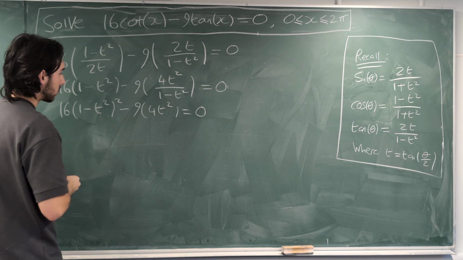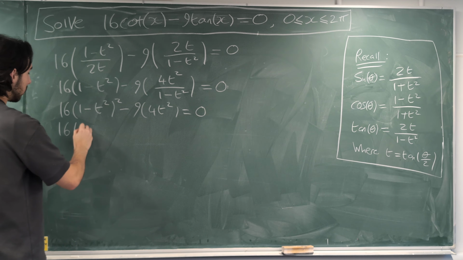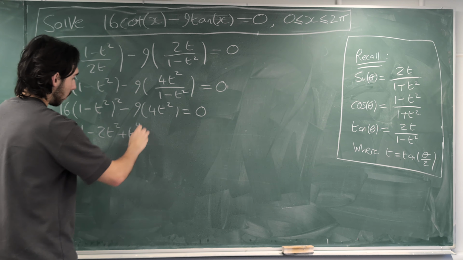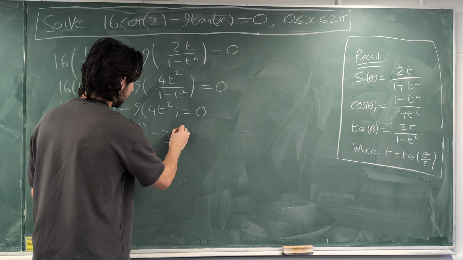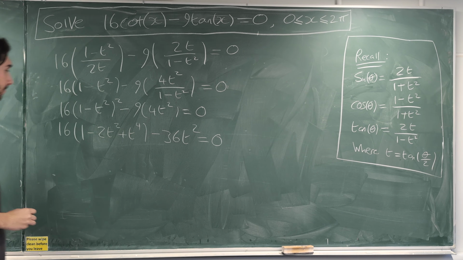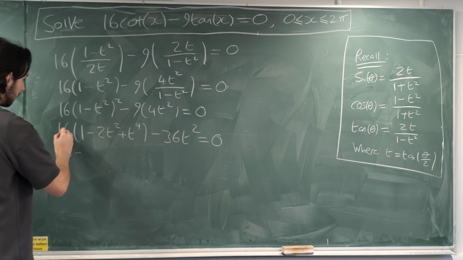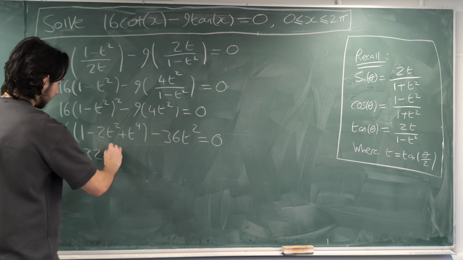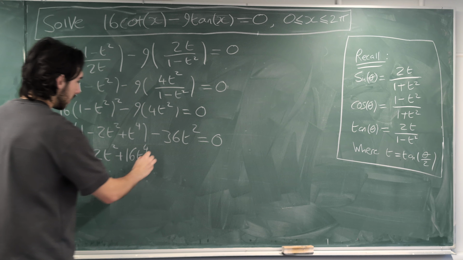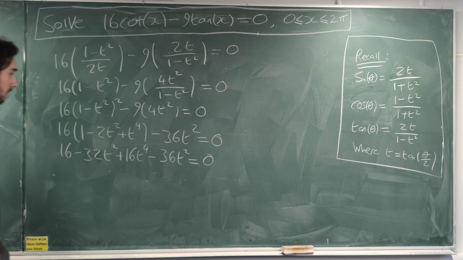And then let's just expand this all out. So we have 16, and then 1 minus t squared squared would be 1 minus 2t squared plus t to the power of 4. And then 9 times 4 is 36, so minus 36t squared equals 0. Continuing to expand this out, we have 16 minus 32t squared plus 16t to the power of 4 minus 36t squared equals 0.